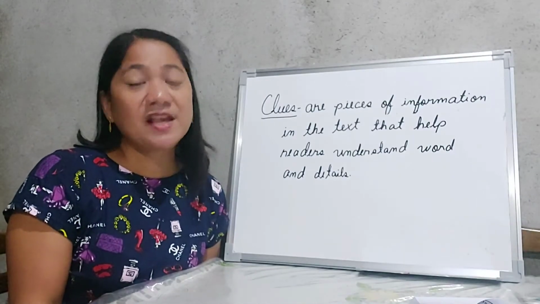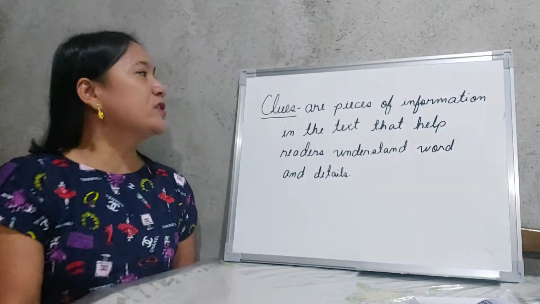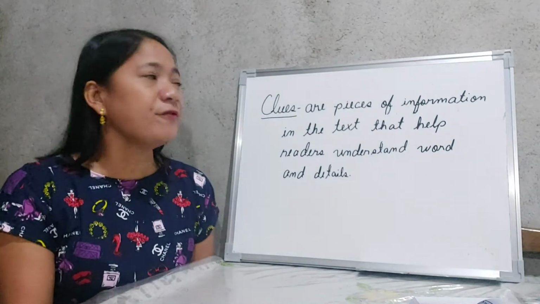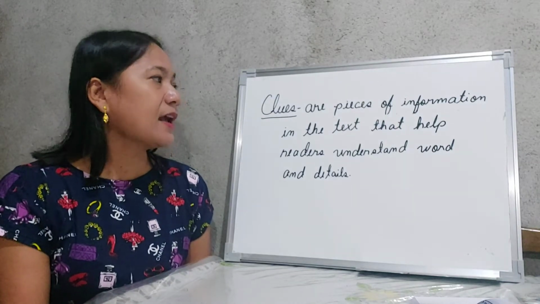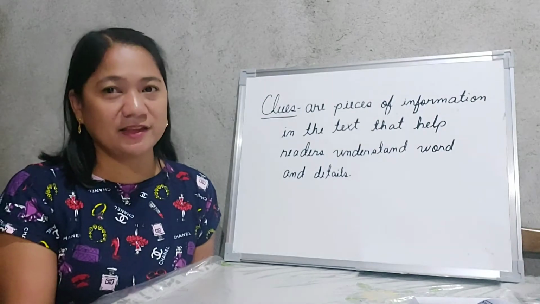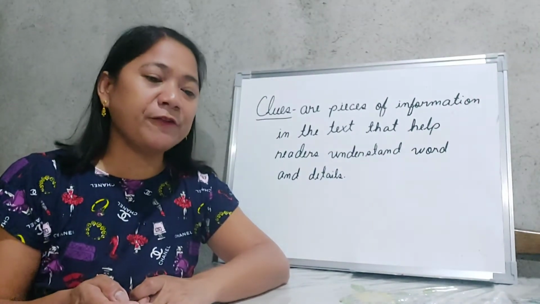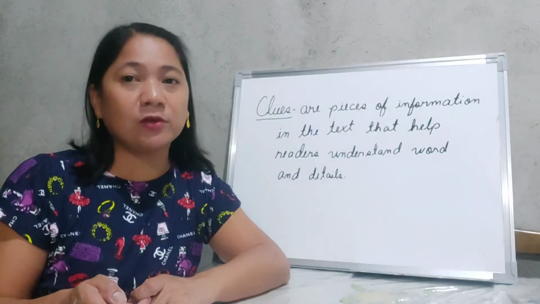Detectives and readers have something in common, and it is the use of clues, which are pieces of information in the text that help readers understand words and details. We can also apply the same strategy in finding the meaning of unfamiliar words. The main lesson in this video is the use of context clues.